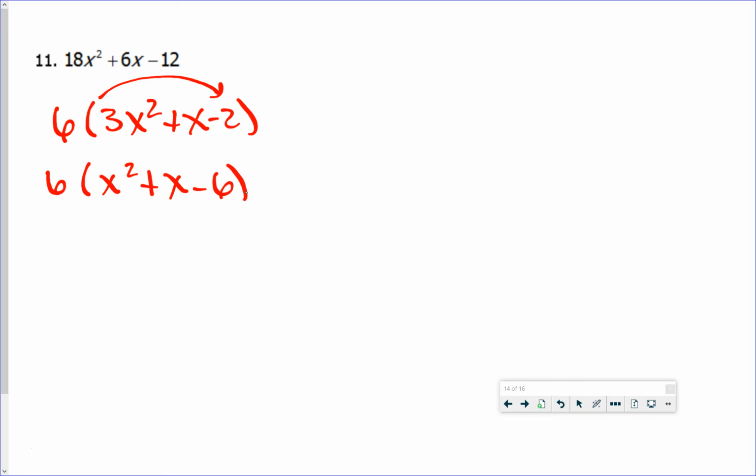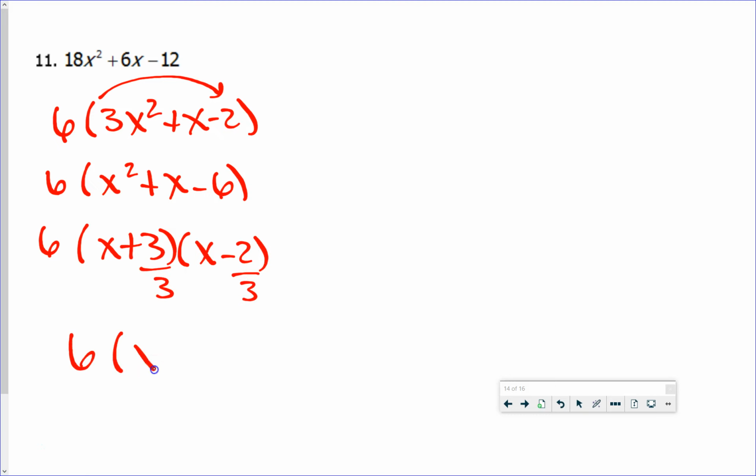She passed the marker. I believe Kaylee came up next and factored what was inside. Made it 6 times x plus 3 and x minus 2. Then we have to slide my 3 back out. This gives me 6 times x plus 1 and then 3x minus 2.